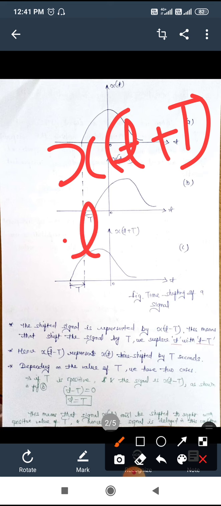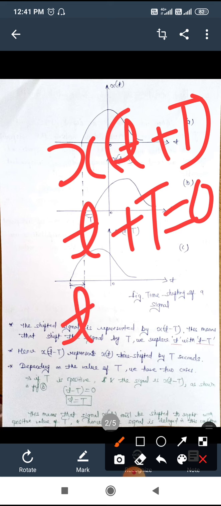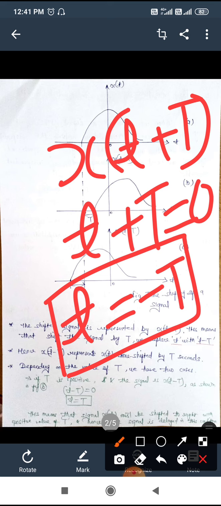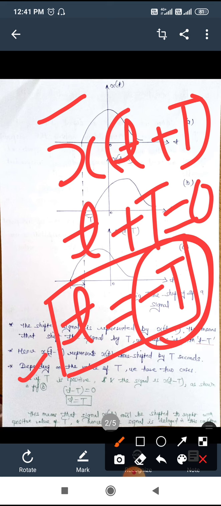For this calculation we put t plus T equal to 0, and by solving this equation we get t equal to minus T. That means the whole diagram of x(t) must be shifted toward the minus T value. The whole diagram is shifted toward the negative t value. Obviously negative exists on the left side, that means the whole diagram is shifted by the value T but in the negative direction.